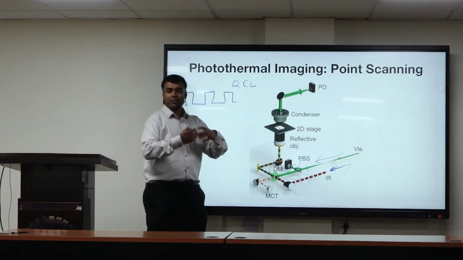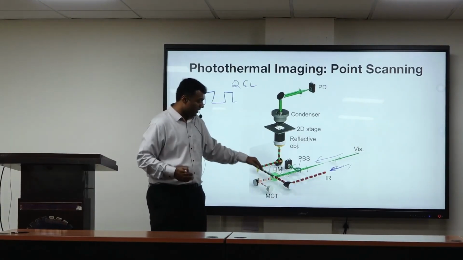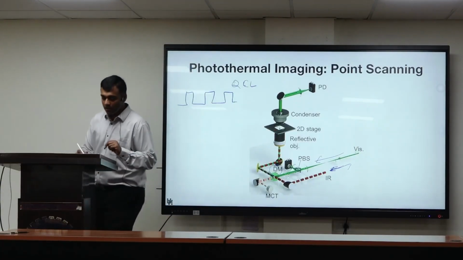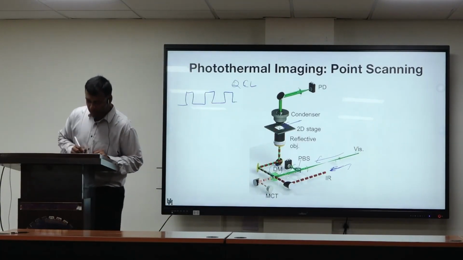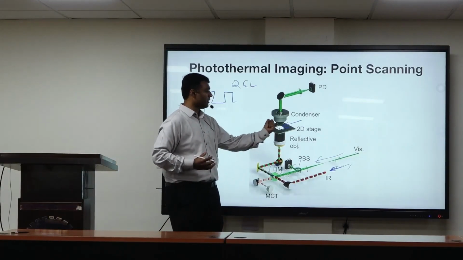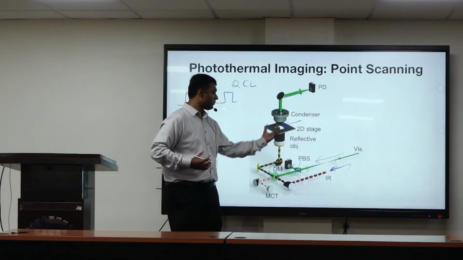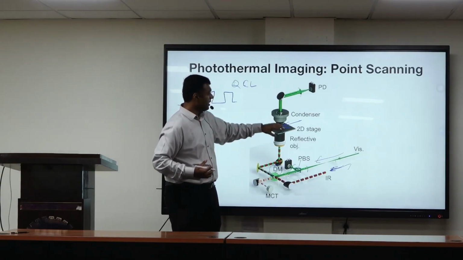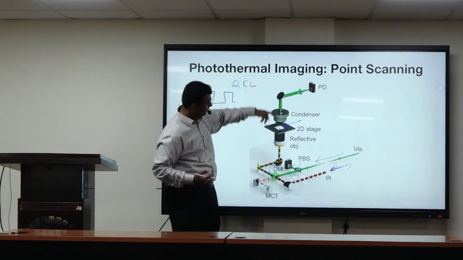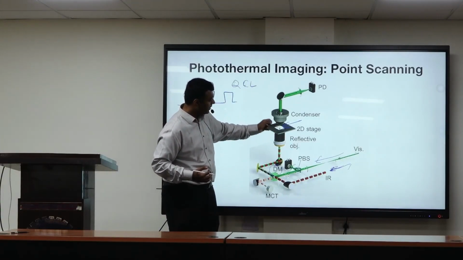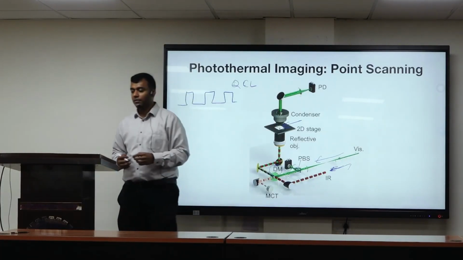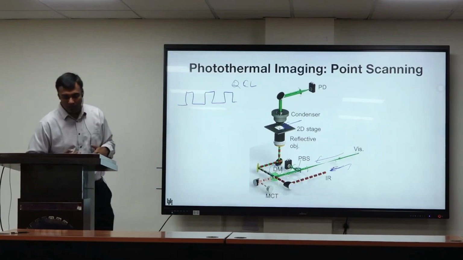So it's like a beam combiner, and both of them are then incident onto the sample over here. The sample is put here. This is a part of a microscope, so this is an objective. It's a reflective objective which focuses the light onto a spot, and then only the infrared is absorbed, so it doesn't go through. If you have a sample here, only the visible light goes through, and there's a photodiode here, which is the detector on the other side.